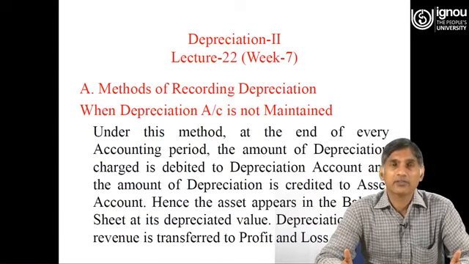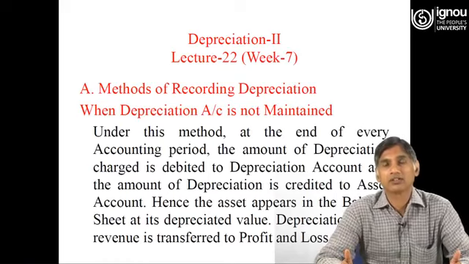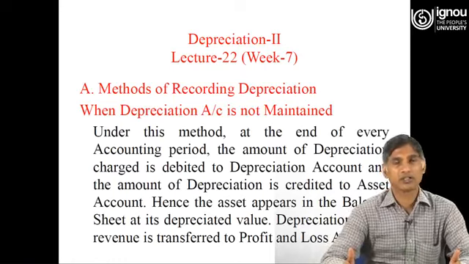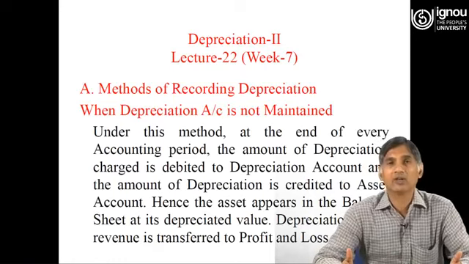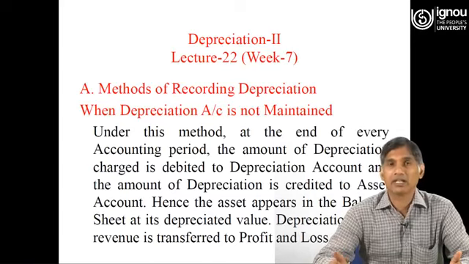So here we have an asset of rupees 1 lakh, and for the first year we have charged depreciation of rupees 10,000, so 10,000 rupees will be charged to the debit side of profit and loss account, and on the asset side of the balance sheet we will show the asset at rupees 90,000, that is rupees 1 lakh minus depreciation 10,000.